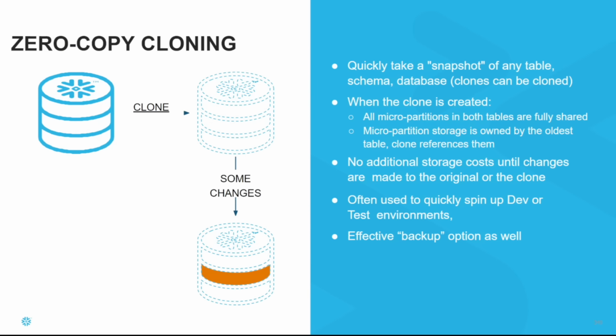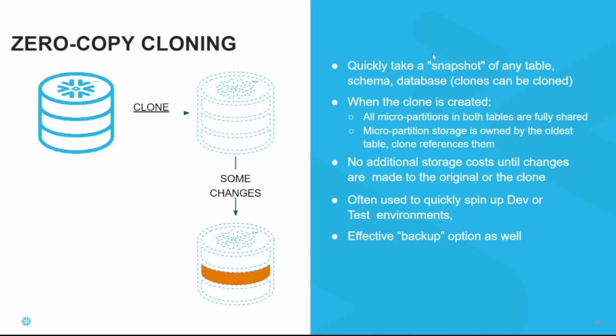But in Snowflake, this process of replicating your data is simplified, without incurring any additional storage cost or long waiting time, through what we call zero copy cloning. Zero copy cloning is a feature which provides a quick and easy way to create a copy of any table, schema, or entire database without incurring any additional cost, as the derived copy shares the underlying storage of the original object.